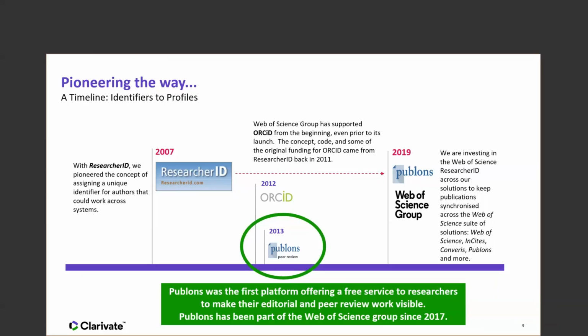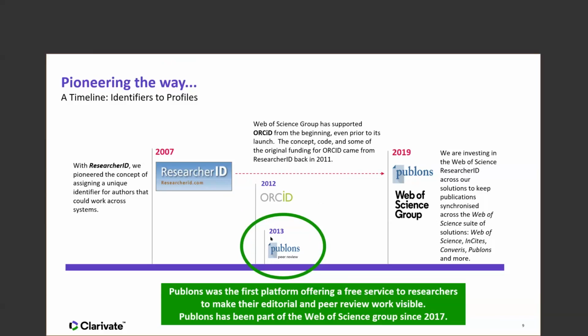When this platform was created, we supported ORCID with a grant with the concept of the ResearcherID. And nowadays, we are still working with ORCID because in the Web of Science, you're going to be able to see both identificators, the ORCID and the ResearcherID.